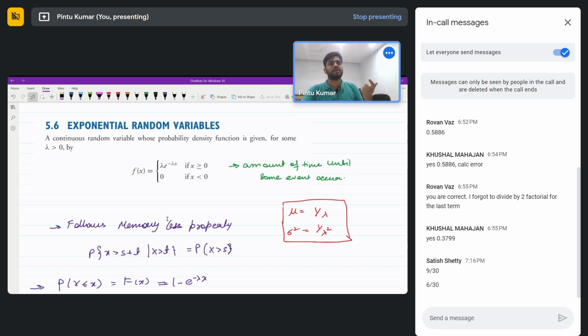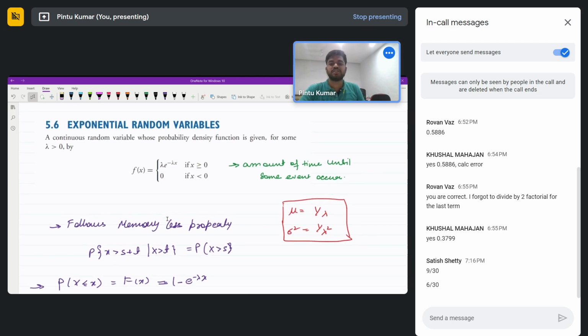Based on that, you can decide how many counters you want to open for cash deposit, how many counters you want to dedicate to something else. People even use it in the medical field. How to queue your patients, right? Like how many operation theaters you want to open in a hospital so that the patients don't suffer. Those kinds of problems are also tackled.